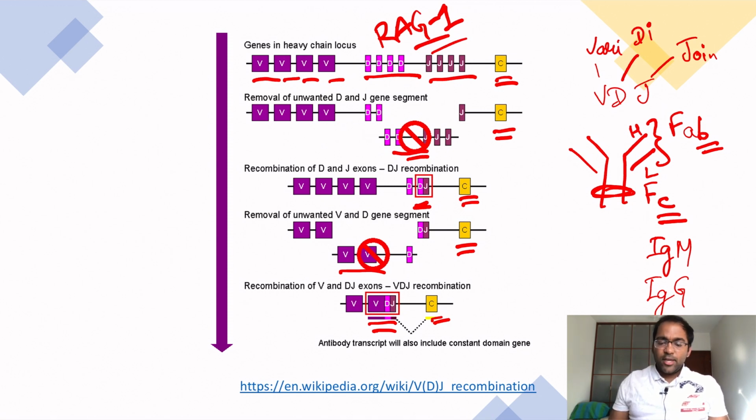So we also have a disease called RAG1 disease, in which we have a mutation in the RAG gene that leads to basically not producing various types of receptors for the antigens. And RAG1 disease is basically an autosomal recessive disease. So I hope you guys understand now the VDJ recombination.